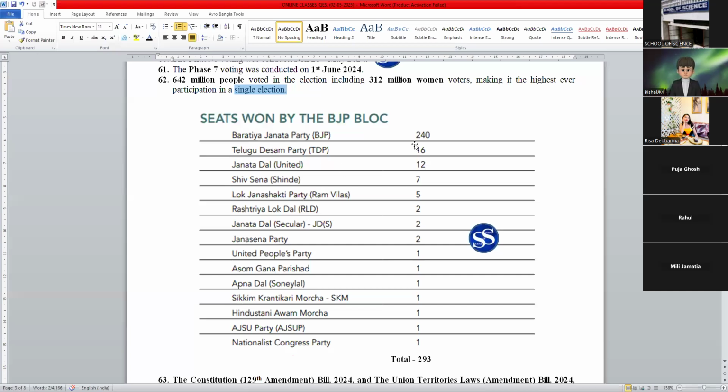Bharatiya Janata Party 240, Telugu Desam Party 16, Janata Dal United 12, Shiv Sena Shinde 7, Lok Janshakti Party Ram Vilas 5, Rashtriya Lok Dal (RLD) 2, Janata Dal Secular (JDS) 2, Jan Sena Party 2, United People's Party 1, Asom Gana Parishad 1, Apna Dal 1, Sikkim Krantikari Morcha (SKM) 1, Hindustani Awam Morcha 1, AJSU Party 1, and Nationalist Congress Party 1. So total is 293.